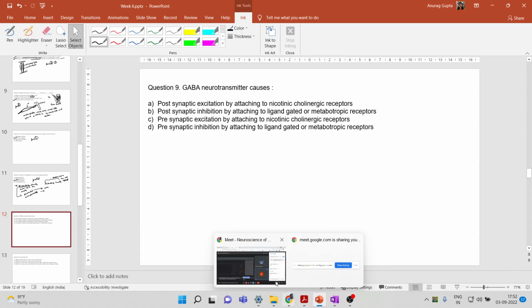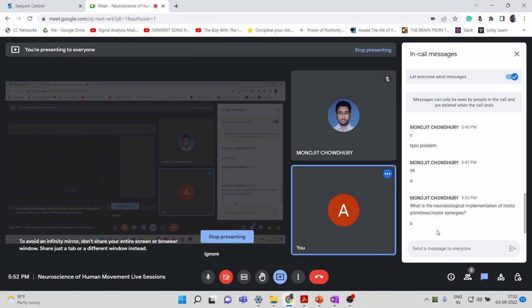Okay, let's see what the answer is. What is the neurobiological implementation of motor primitives/motor synergies? Monojit, from which part of the course are you referring this question?